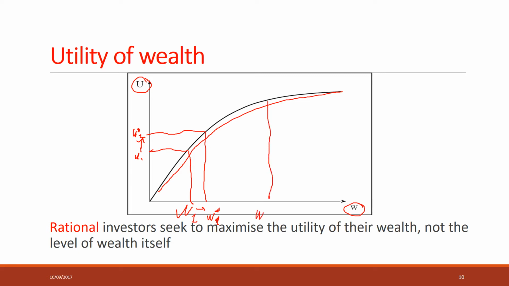So if our investment has already been quite profitable, if we move by the same amount in terms of wealth from W2 to W star 2, the actual utility or the satisfaction of the increase in return is actually quite low compared to before, right? So it's still an increase, but it's a much smaller increase than before.